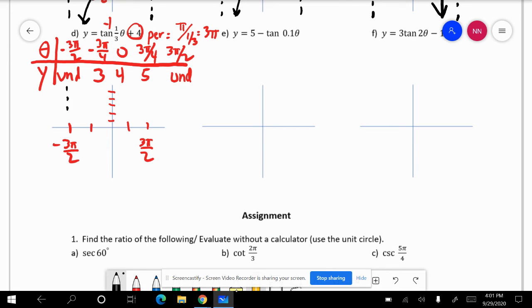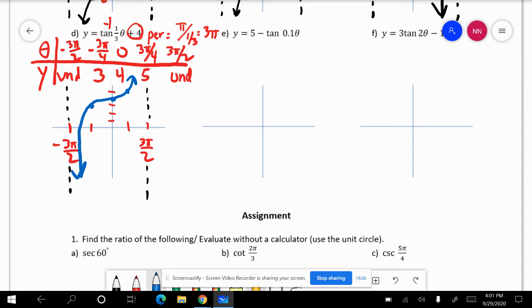So we have our vertical asymptote. We're plotting our points. And we get our graph.